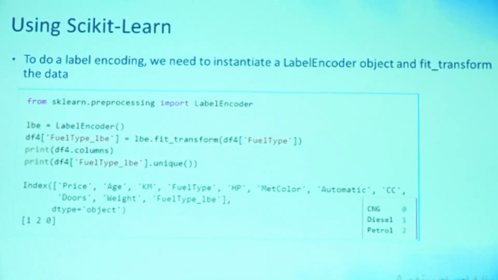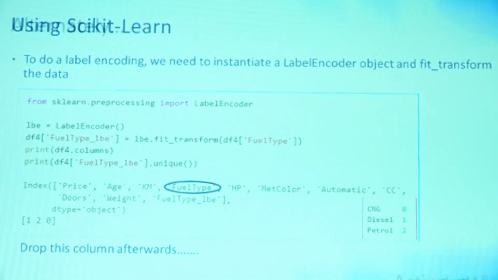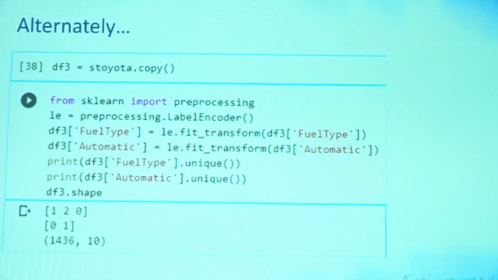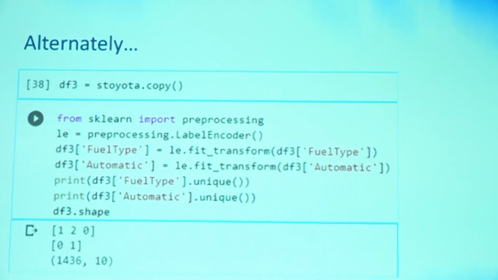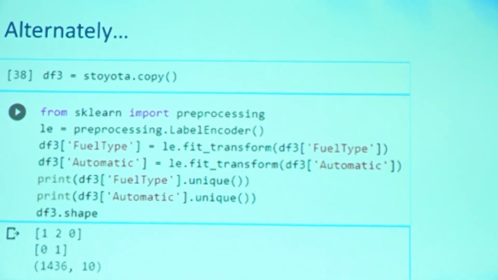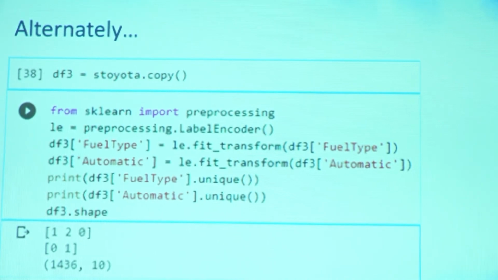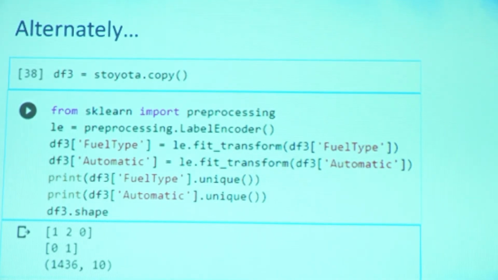Similarly, one more approach, same label encoder. Can you tell me the difference between the previous approach and this approach? If anybody can identify. Same sklearn only I am using.